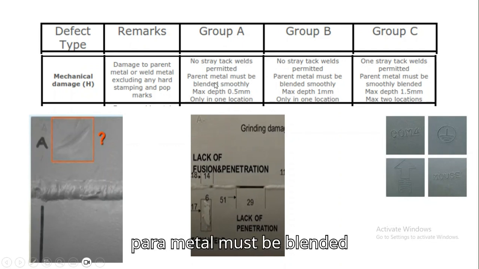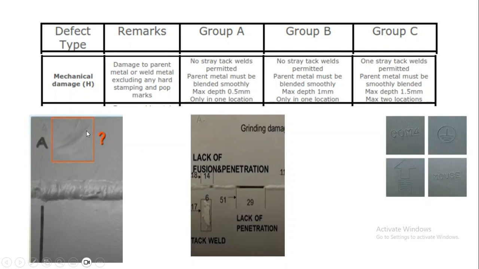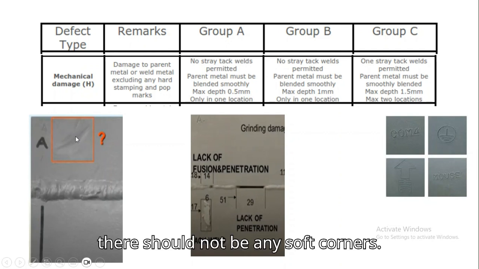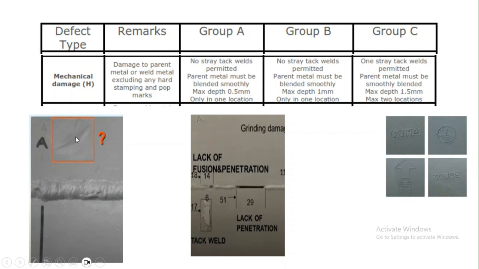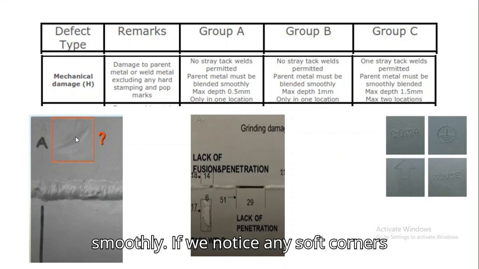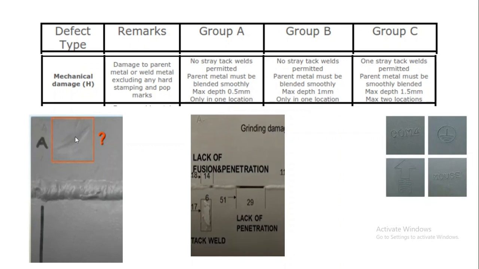And parent metal must be blended smoothly. If you notice any grinding marks or chisel marks, there should not be any sharp corners. All the sharp corners should be blended smoothly. If you notice any sharp corners, that is rejected.